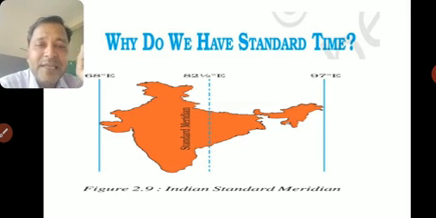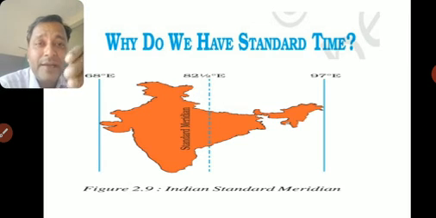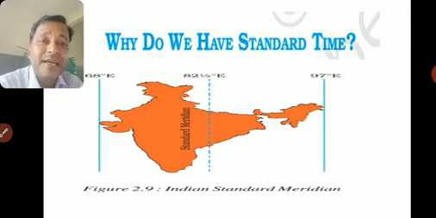So it is called Indian Standard Time, IST. And the international time is called GMT, that is Greenwich Mean Time. We are almost 5.5 hours ahead of them. So if it is 12 o'clock at night, midnight in Greenwich Mean Time, then we will have a time of 5:30 in the morning. We are 5 hours 30 minutes ahead of them.